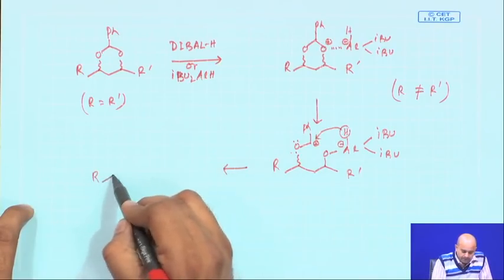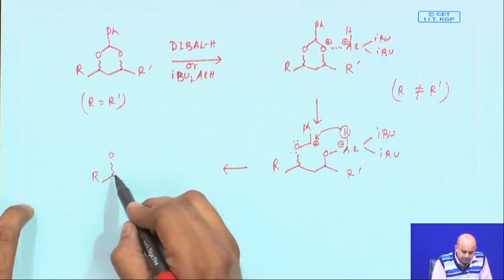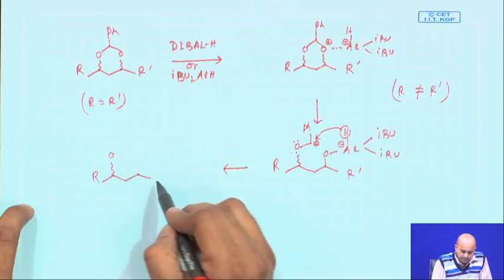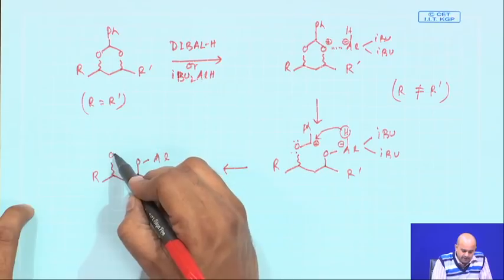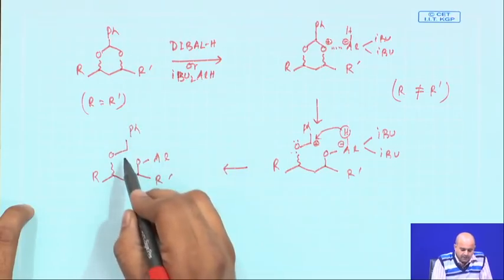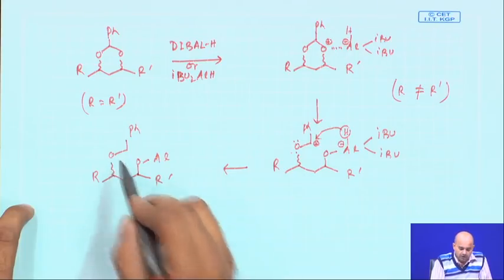and now you see, you are basically getting a benzyl derivative of one of the alcohols.